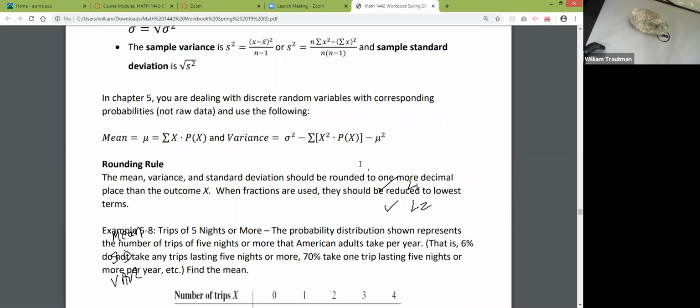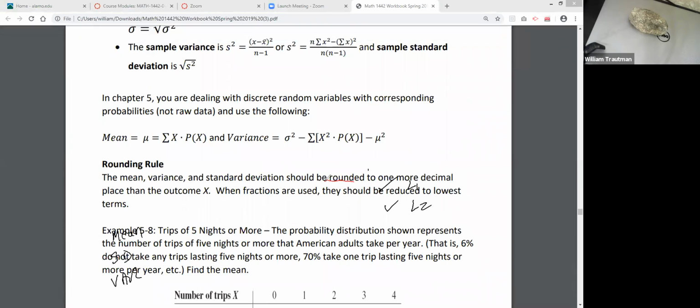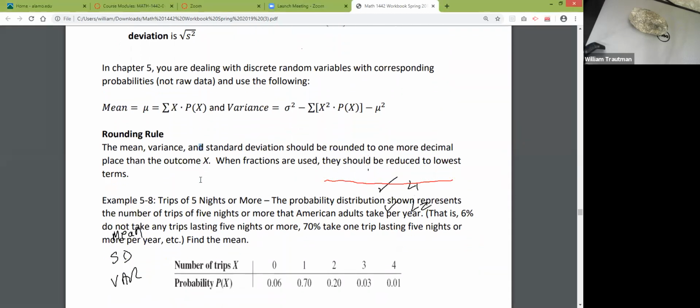Round one more decimal place than the x values, not the y values. So I'm going to go back. It's always so hard to get out of that. Let me go down.